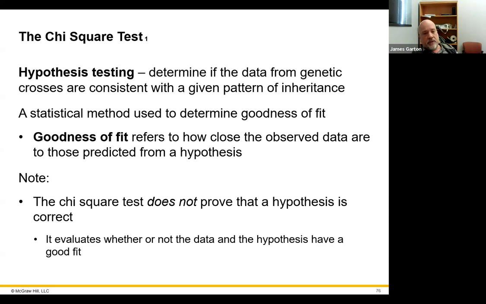All it does is examine whether the data that you observe and the data that you expect are statistically different from each other. It doesn't prove anything. It just tests goodness of fit.